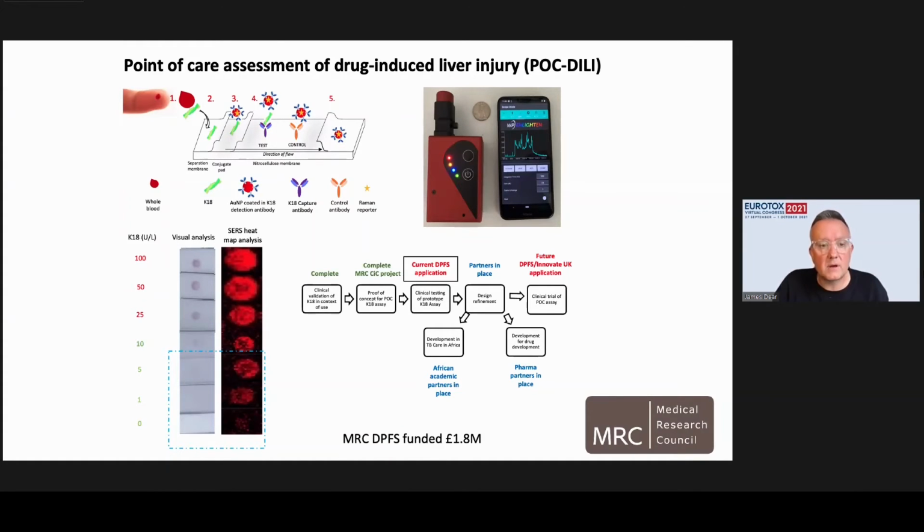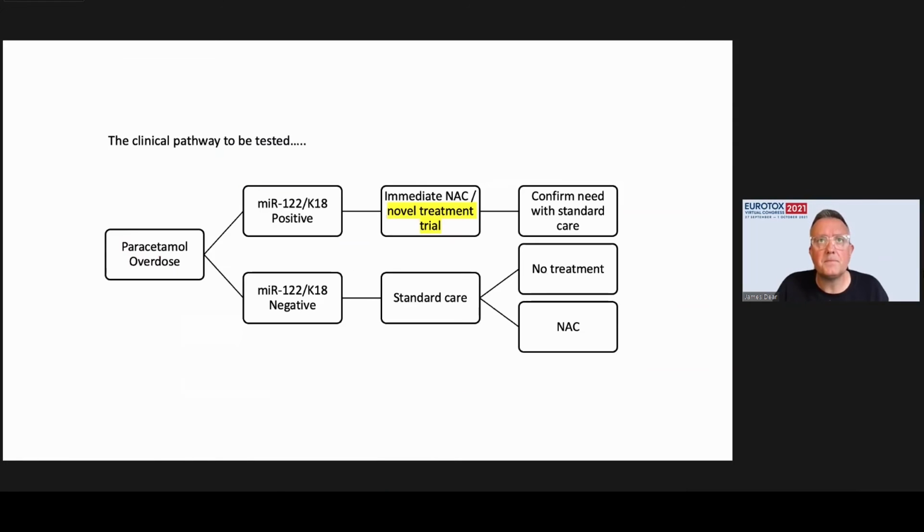And so together with colleagues at the University of Strathclyde and funded by the MRC, we're developing a finger prick assay, a lateral flow assay with a SERS readout, to be able to rapidly identify and quantify keratin 18 in finger prick blood to identify those people who have liver injury. And what we'll do here in this trial is say, okay, you're paracetamol overdose, you come into hospital, your finger's pricked. If you have evidence of liver injury, then you'll go down a different treatment pathway.